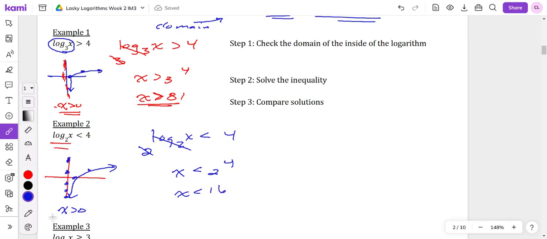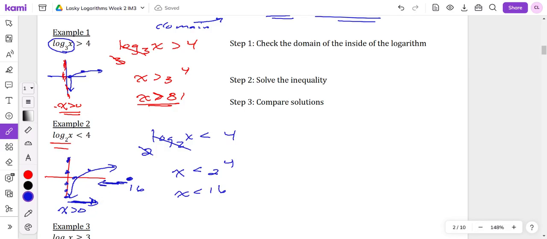Now we did this last semester, so if I look at this on a number line, I know that x has to be greater than 0 and it's pointing this way. But if I look at this x value, it's at 16, right? But it says it has to be pointing this way.